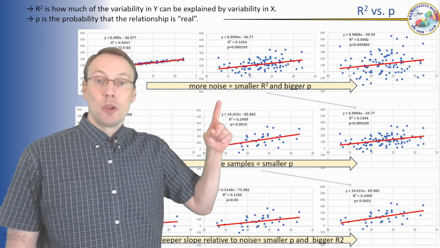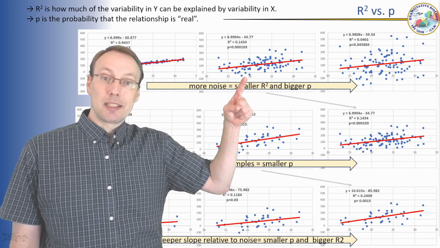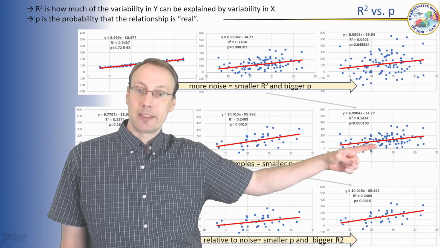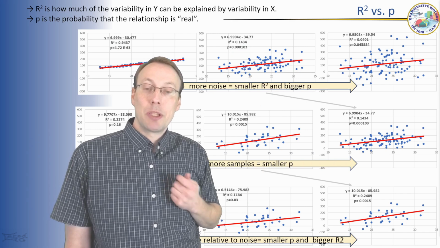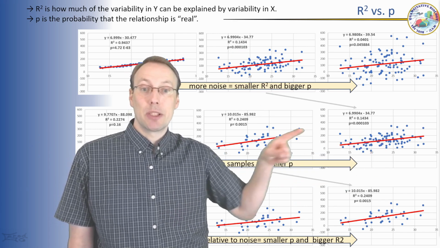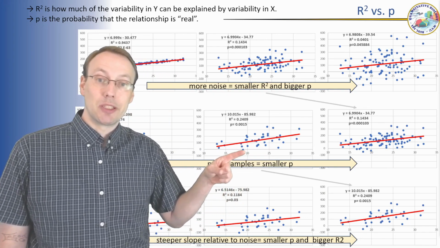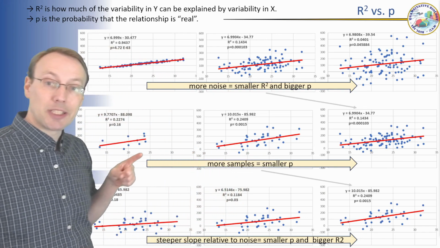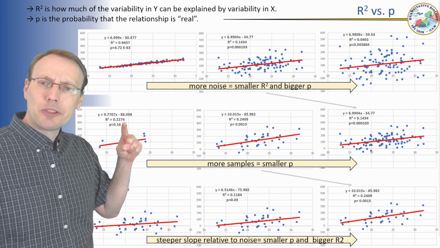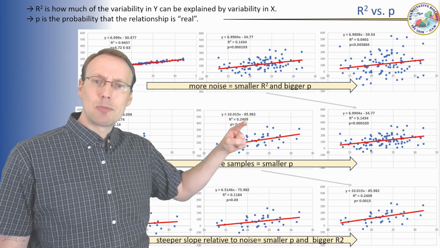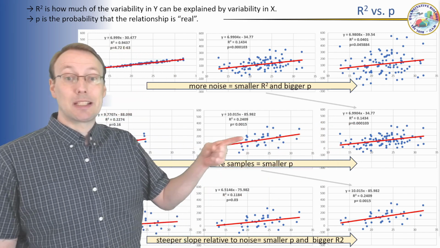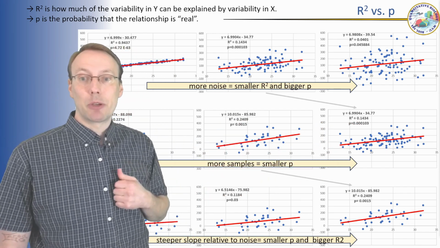Okay, so let's take this data set here. I plot it here. Another thing that can affect your p-value is the number of samples you have. So I took the same data set, but here I took randomly only 40 data points, and here 10 data points. And you can see that overall the R-square stays more or less the same. The estimate will vary a little bit because it's not exactly the same number of data points, right?